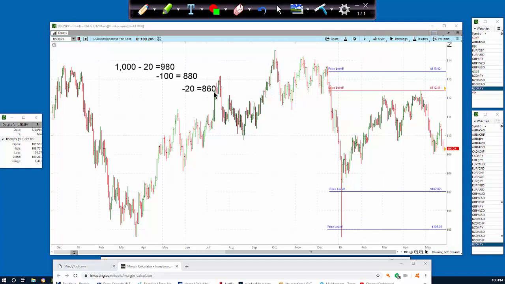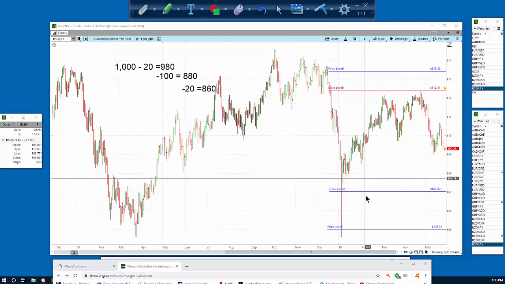Now, why would I want to leave that much money in my little pot to manage this trade? Well, what happens if you goof up and you make another mistake?